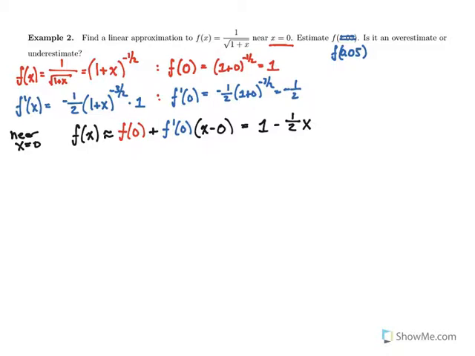And we can have that f of 0.05 is going to be about 1 minus 1/2 times 0.05.